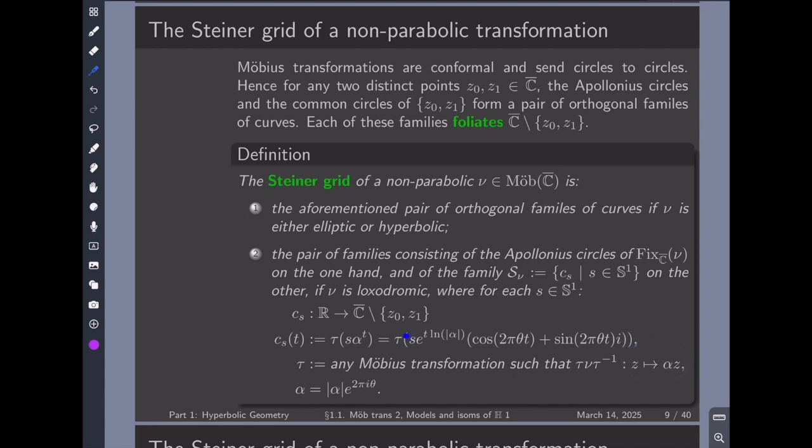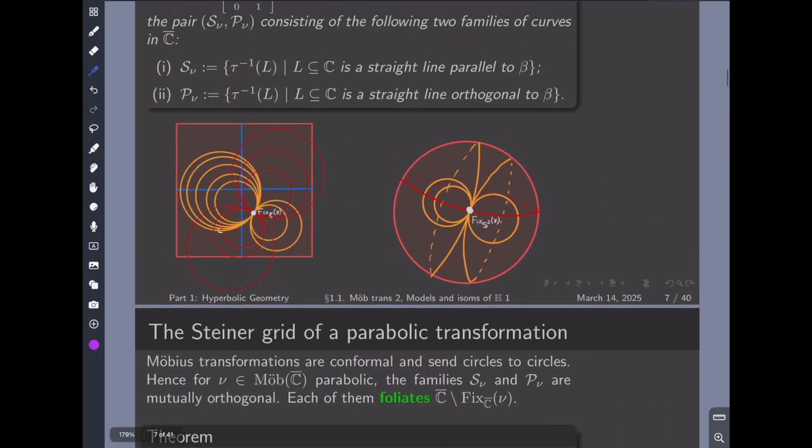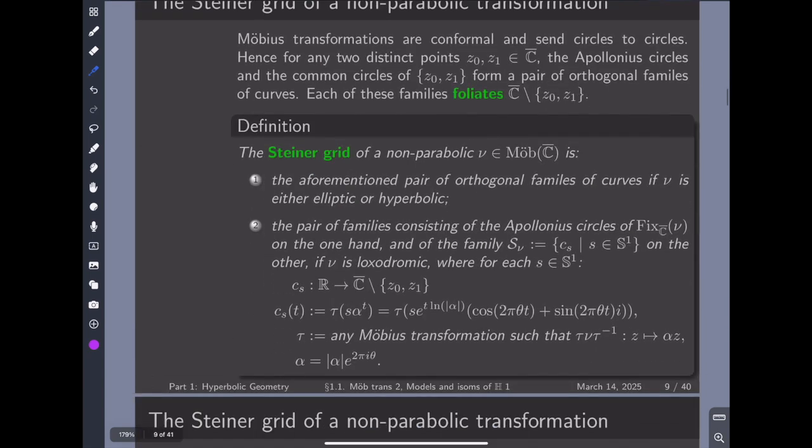And you see, I take the loxodromes that I already had, and then I map them, and it should probably be tau inverse, because if here it was tau inverse, here it should be tau inverse.